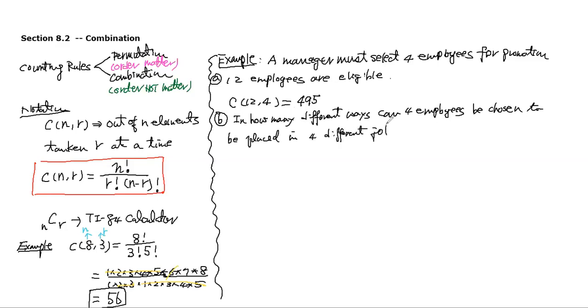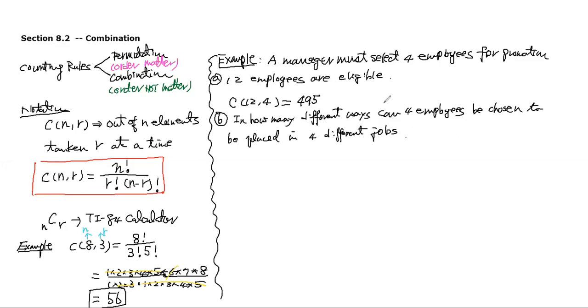Okay, so now the order does matter, because the first employee chosen will be placed in the first job, then the second one will be placed in the second job. And those jobs are different, so who got chosen first, who got chosen later makes a difference because they will be going to different jobs.